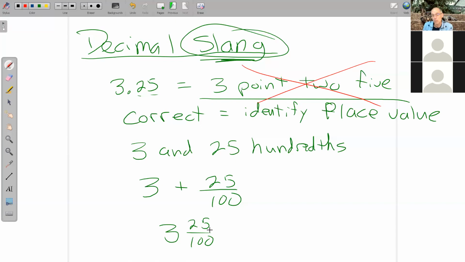And I'm going to slip all the time because I use slang most of the time, except when I'm teaching this part of the class, and I try not to use the slang. And we really need to do that to help reinforce to the people that we're teaching what these numbers really mean. And reading it properly helps do that. Cool thing is reading properly also shows you how to convert a decimal to a fraction.